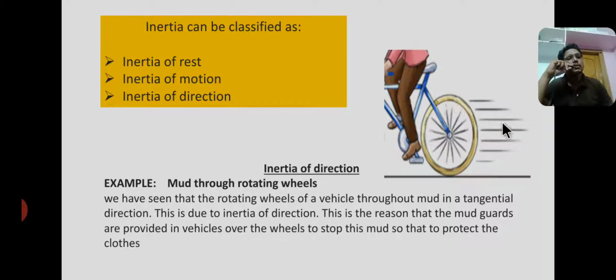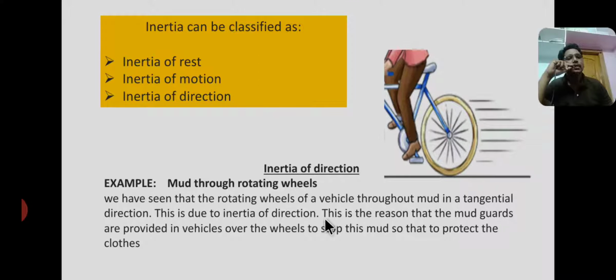Here this is mud and a wheel, and this is a bicycle. We have seen that the rotating wheels of a vehicle or a bicycle throw mud in a tangential direction like this. These are the tangential directions. This is due to inertia of direction.